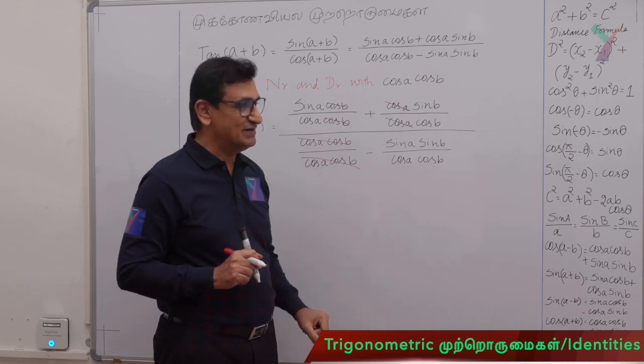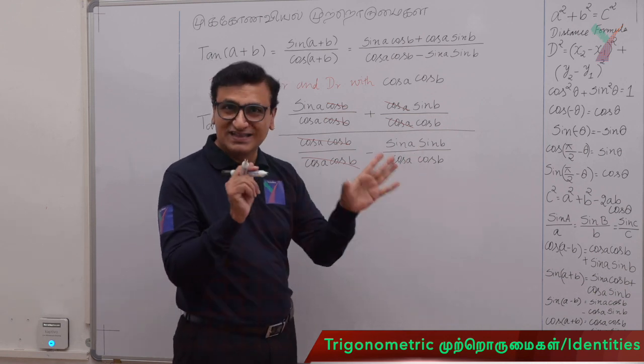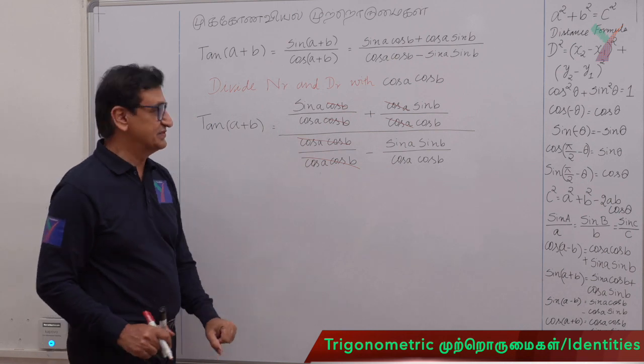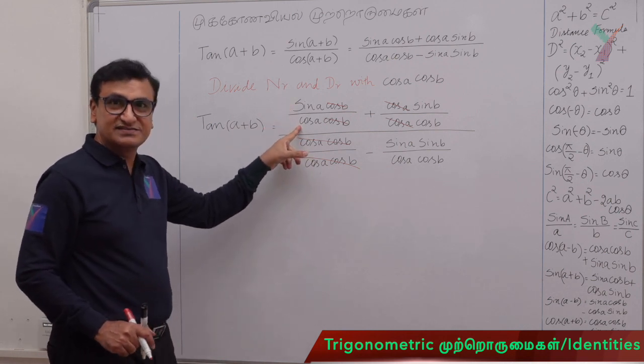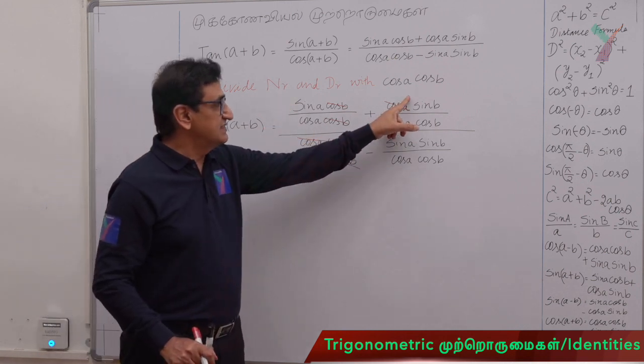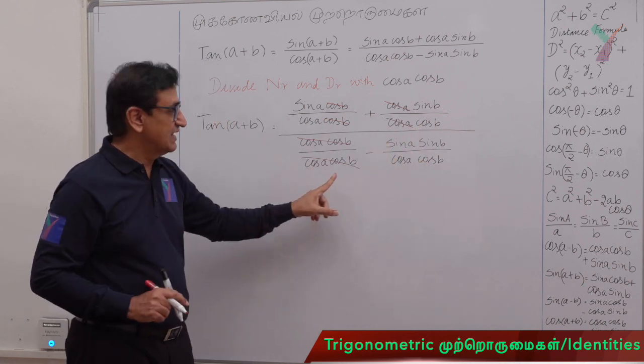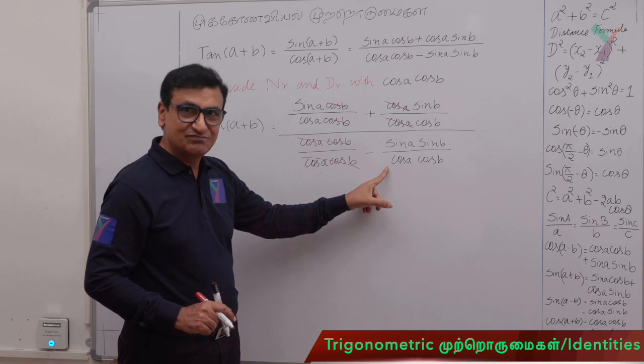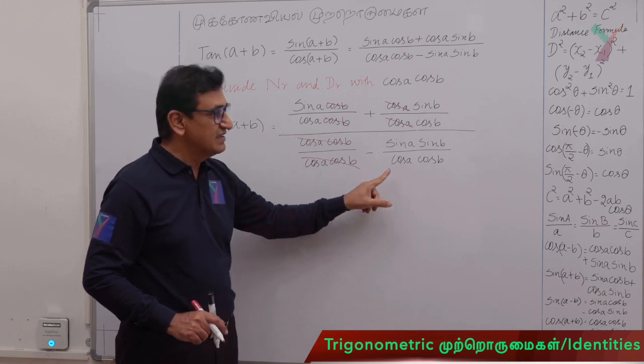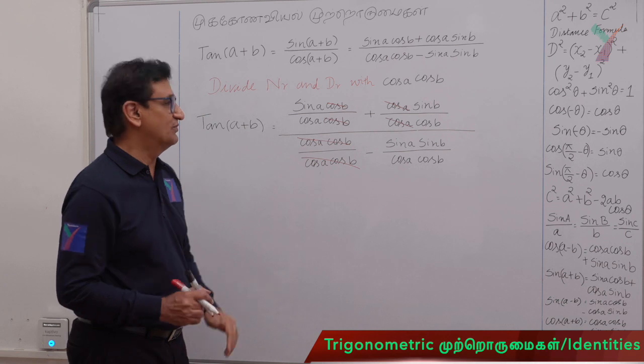Sin A by cos A and sin B by cos B, so no cancellations. Let's get back to the terms again. Sin A by cos A is tan A. Sin B by cos B is tan B. This is 1 and this one tan A, because sin A by cos A, tan A and tan B. Simple formula.